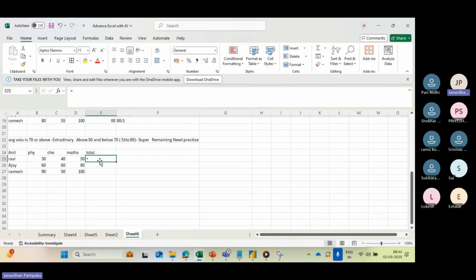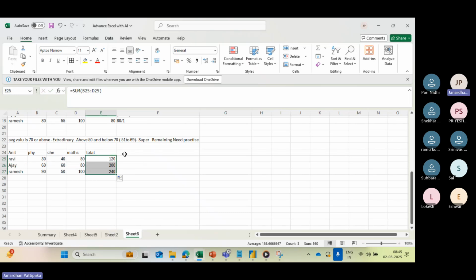Alt equal to, I have given the total marks.